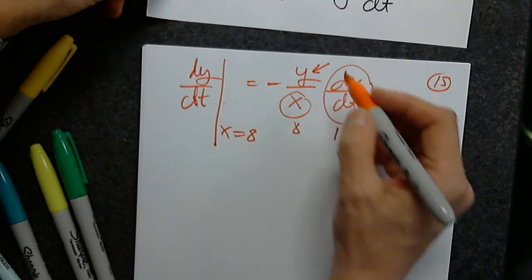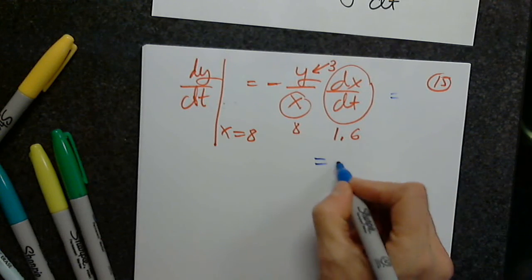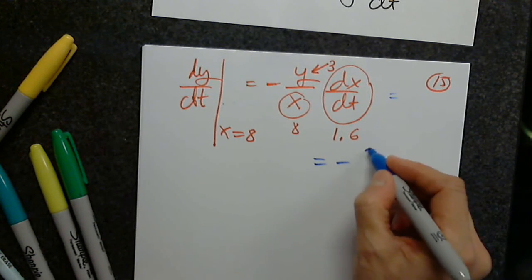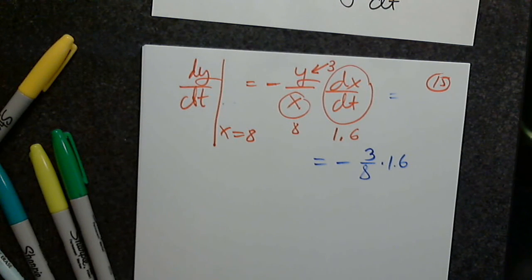Good. So then this must be 3. So this is negative as expected. 3 divided by 8 multiplied by 1.6, whatever that is. So 4.8, right? Divided by 8. So this is negative 0.6.